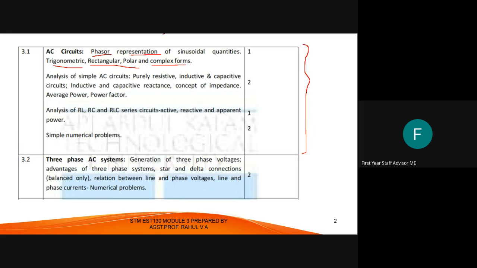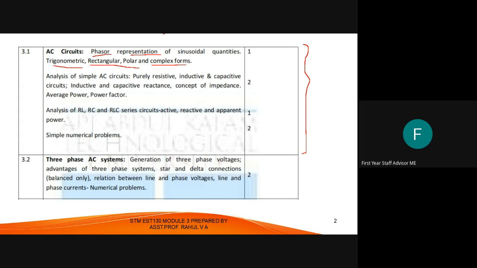But in the case of polar coordinate system, if you want to multiply a value, what you have to do? You have to multiply the radius value and then add the degree value, the phase angle value. That we have to do.